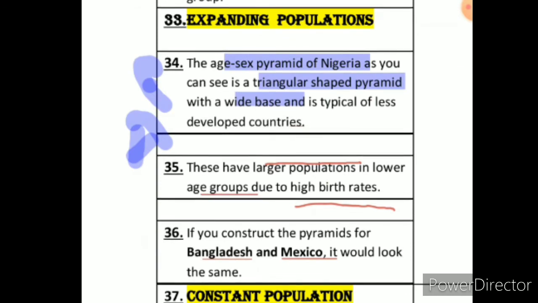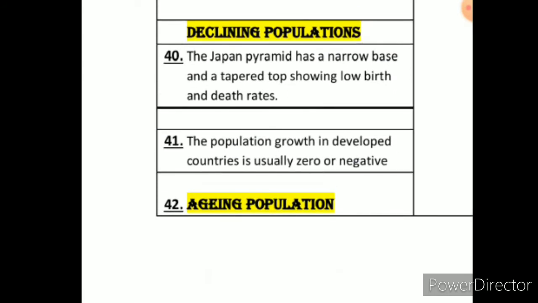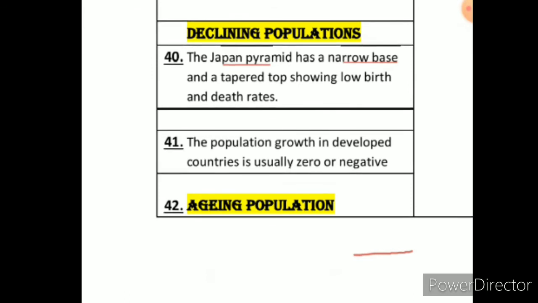But these are very few examples, or few countries in the world where we find this type of thing. Especially it happens in developed countries. Okay, but some countries are there where we find declining population, like Japan, which is in Asia. It has a narrow base. इसका base बहुत छोटा है, and it shows tapering at the upper part.